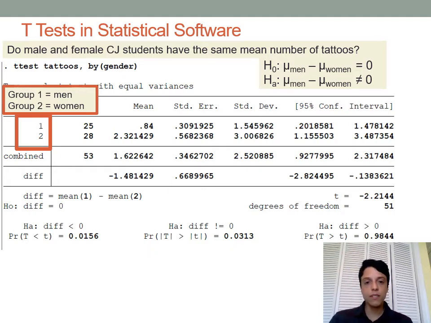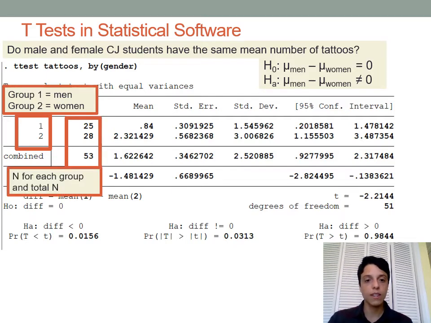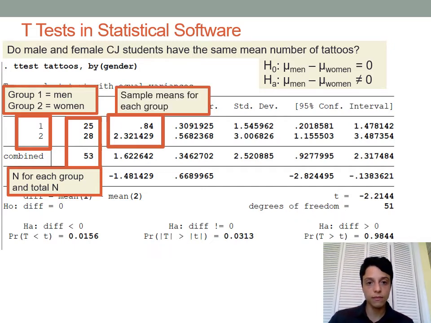Now, you should see some other things that look familiar in all this output. The top of it's covered now by the other box, but these are the sample sizes for each group. So among people who answered this question, 25 identified as men, 28 identified as women.